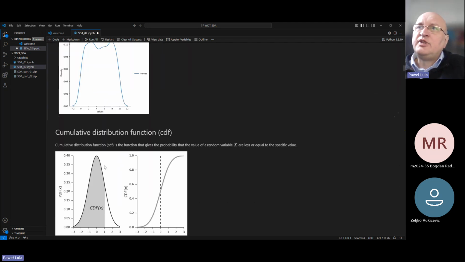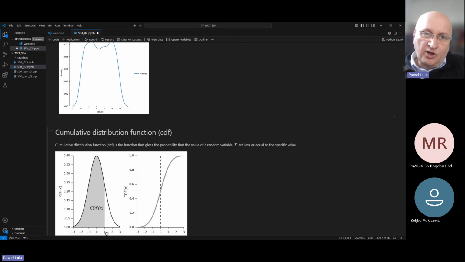So maybe here we see the theoretical distribution, and maybe it will be easier to interpret. So, for example, what is the probability that the data is from -infinity to 1?